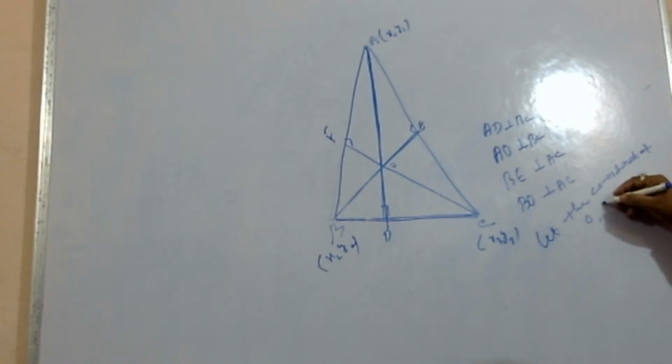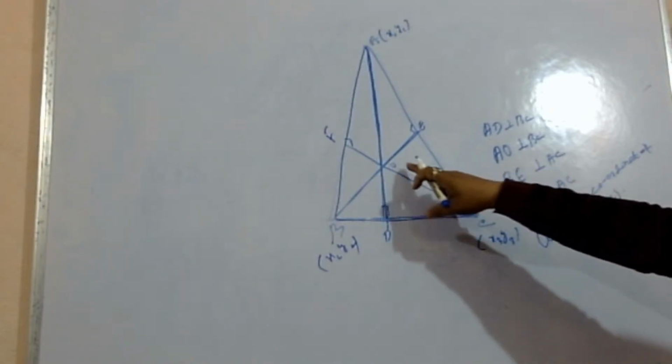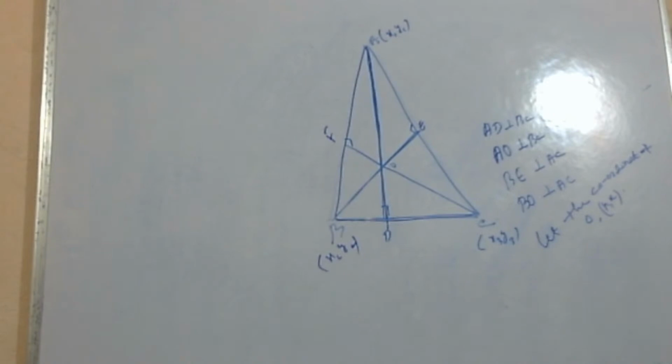I am taking x1, y1, x2, y2, x3, y3, and for O, the coordinates H and K. Clear?